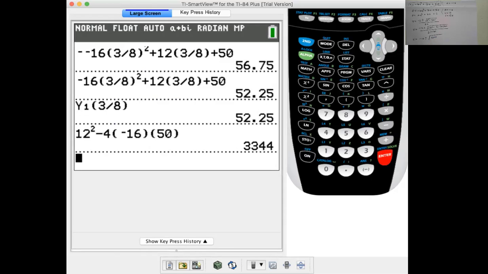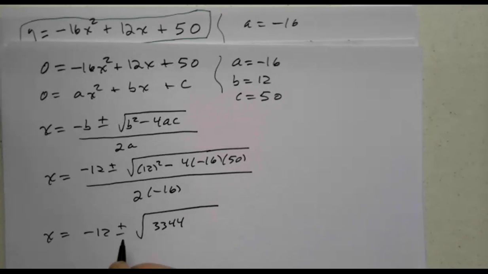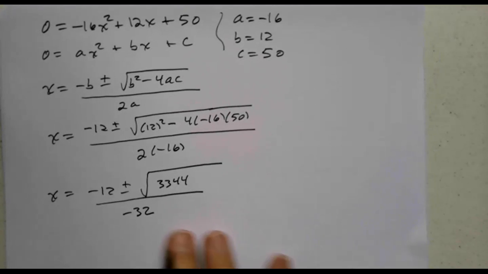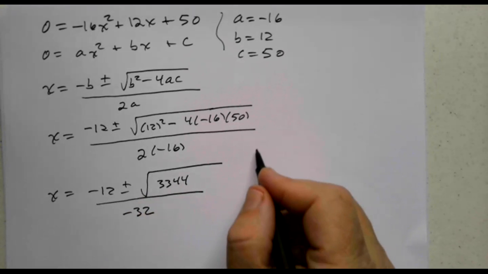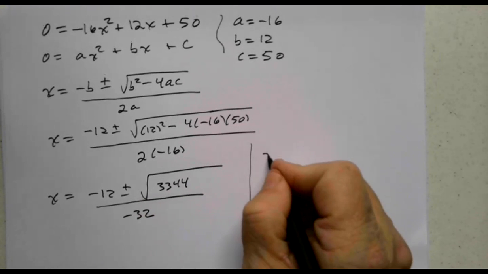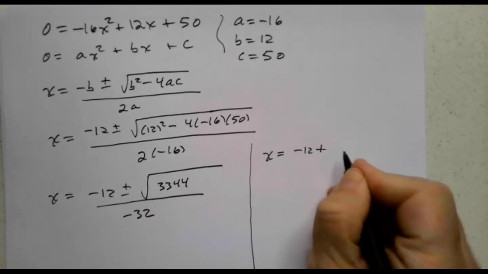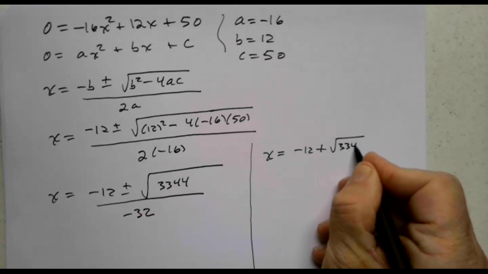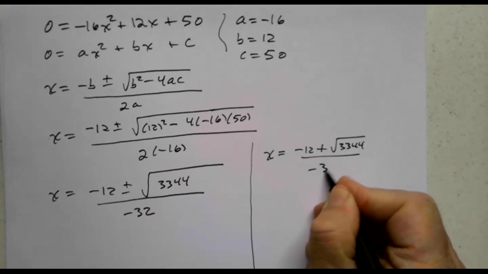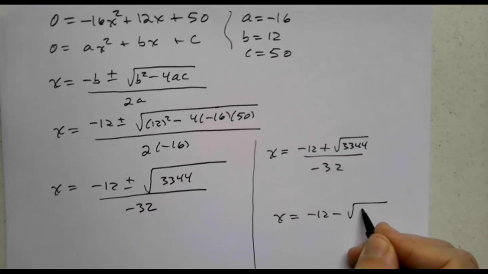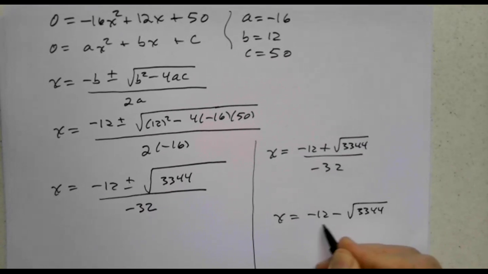All over 2 times negative 16, which is negative 32. So I have two answers here, the plus and the minus. So let's do them both. So x is negative 12 plus root 3344 over negative 32, and x is negative 12 minus root 3344 over negative 32.